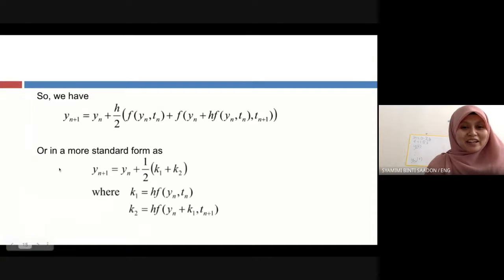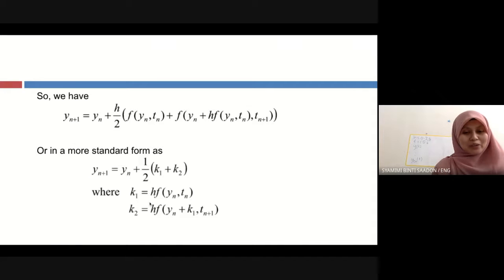Or in a more standard form, so we apply this form. It's easy. Just now it was just a definition, so we use this form. For the second order Runge-Kutta method, yn plus 1 equals yn plus 1 over 2 of k1 and k2.